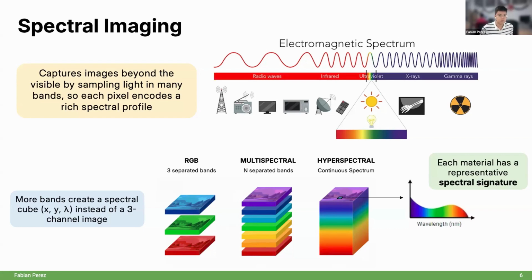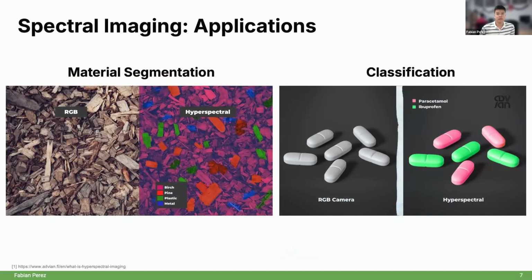This helps to tell apart materials that look the same in color, because each material has a representative spectral signature. This unlocks tasks like material segmentation and classification. Usually, you can separate materials that are visually similar in the RGB domain but physically different, and you can note those differences in the spectral domain.